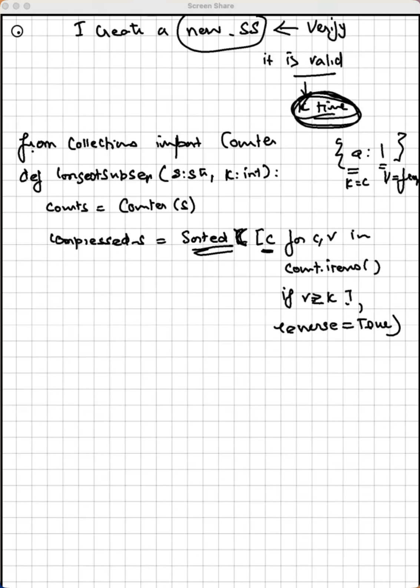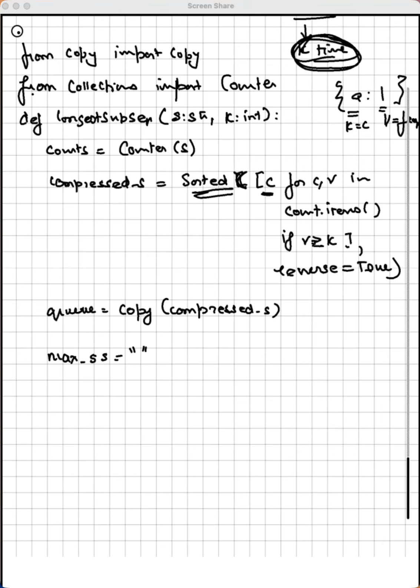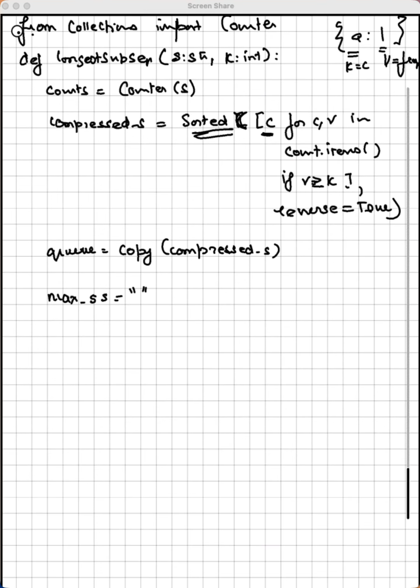Once this is done, I now use my Q, which is going to be useful for the BFS. I create a copy of my compressed S. Copy is something that I had to import from copy. So you start with your max string. This is what you're going to return. At every step of the execution, you keep checking for max SS.